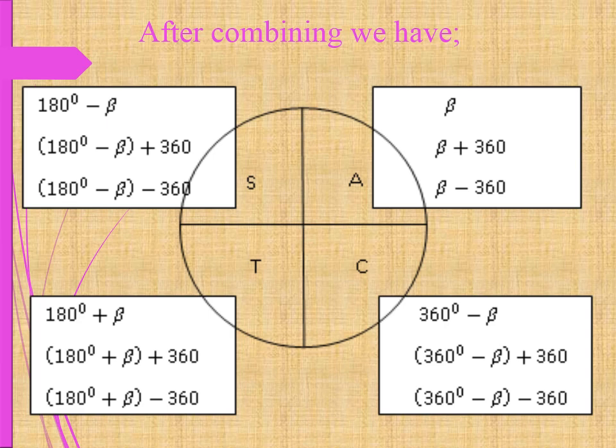In the third quadrant, we have 180 plus beta, 180 plus beta plus 360, 180 plus beta minus 360. In the fourth quadrant, we have 360 minus beta, 360 minus beta plus 360, and then 360 minus beta minus 360.